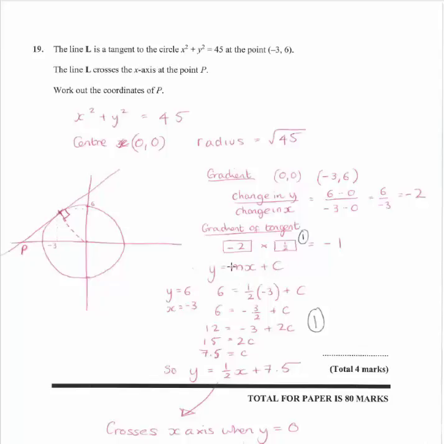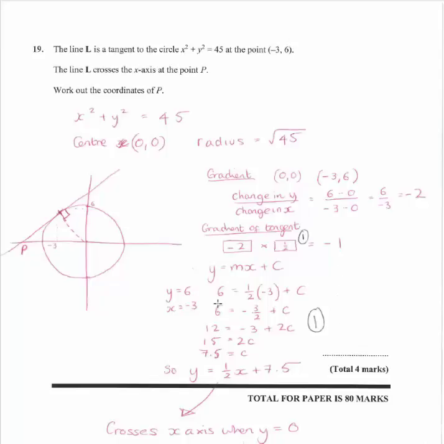Now the equation of any straight line is y equals mx plus c. And we've just worked out what the m is, it's a half. So we know that the line is going to be y equals half x plus something. And we need to find out what the something is. Well, we know that the line goes through this point here, -3, 6. And that tells us that when x is -3, y is 6.